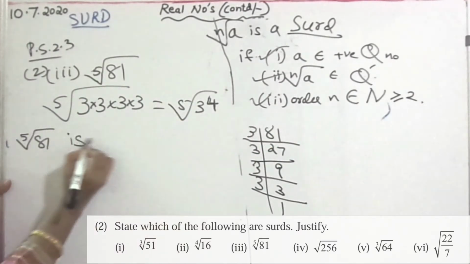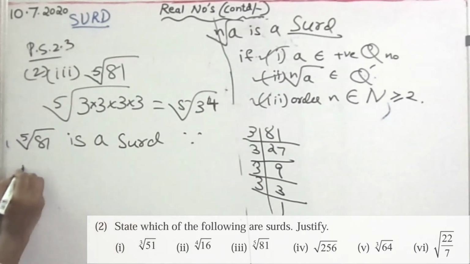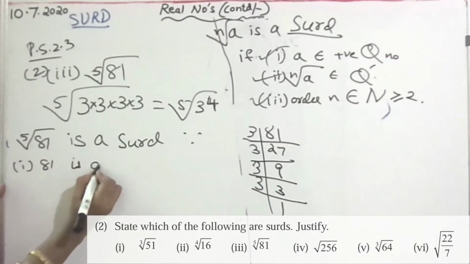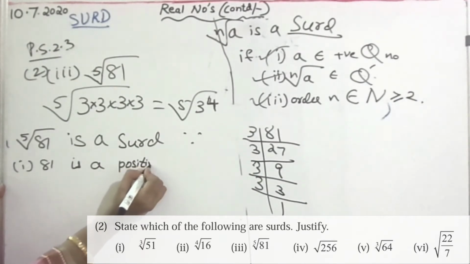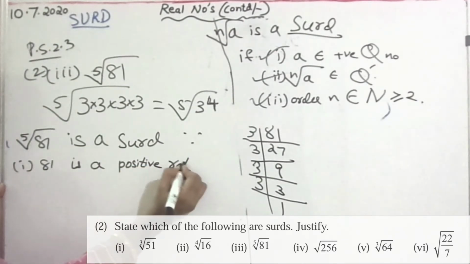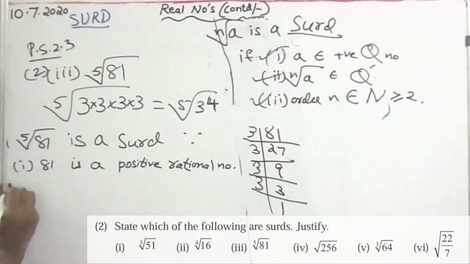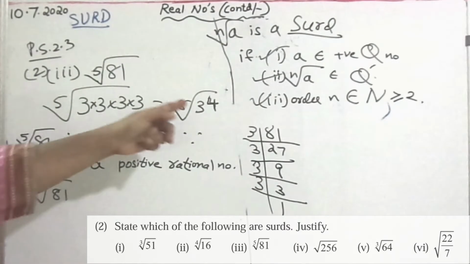So fifth root of 81 is a surd because 81, the radicand, is a positive rational number. Second, fifth root of 81, we have seen the root sign doesn't get removed.